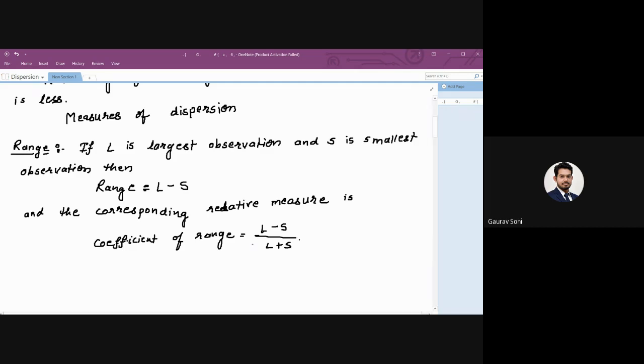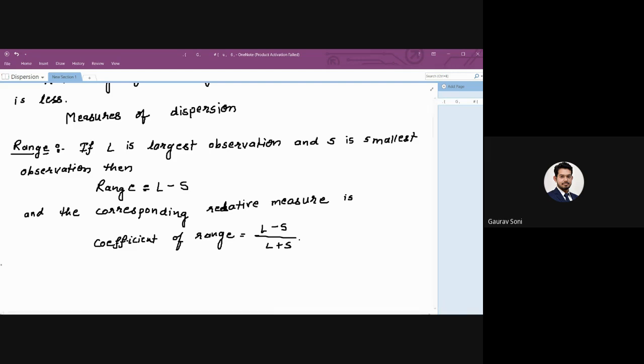A small remark over here, because as you can see, we are just considering the observations. Say if you have a continuous frequency distribution, where we have the class intervals, then we need to take the class marks for the first and the last interval.